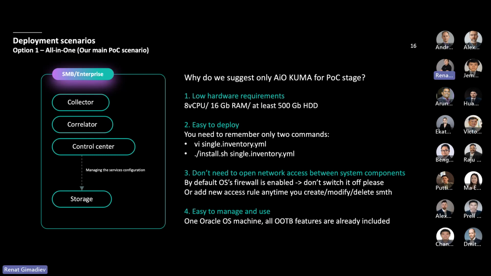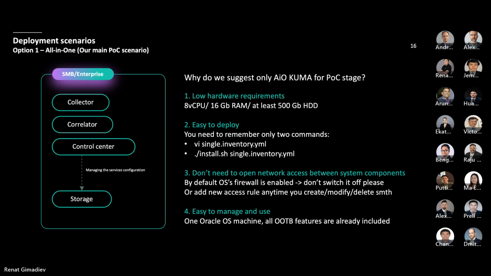And by default, please keep in mind, we use Oracle Linux 8.6 and 8.7 as recommended versions. The operating system firewall is enabled by default, so you can switch it off, but please don't switch it off.